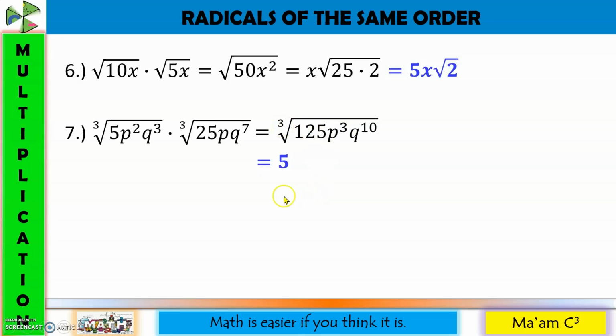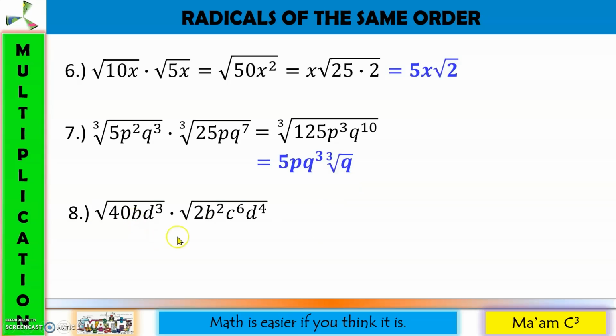So I could factor out 1p. And then how many 3's are there in 10? There are 3. So I can factor out 3 q's. So I have q cubed. 3 times 3 is 9. And 10 minus 9 is 1. So there is one more q left inside the radical symbol.